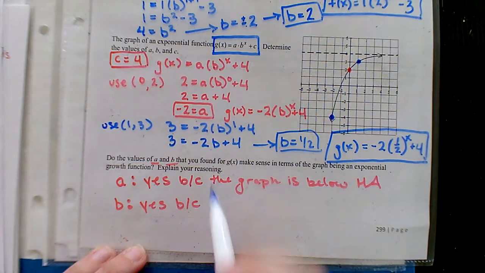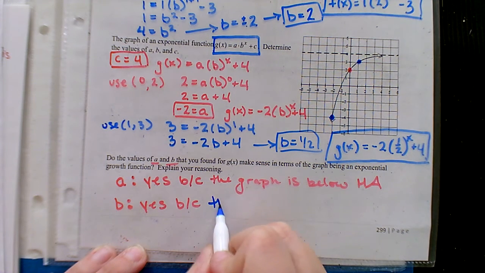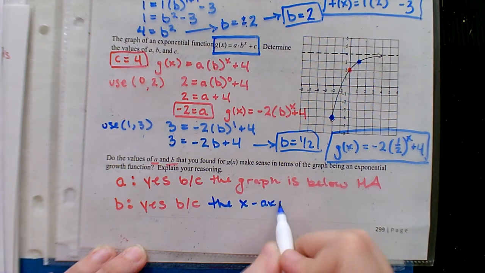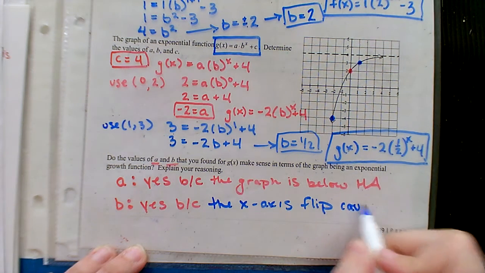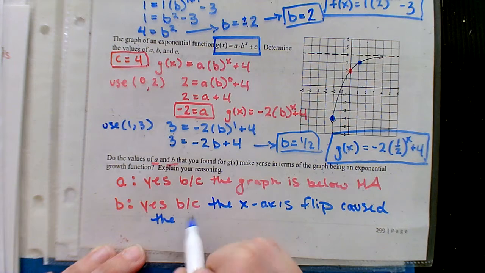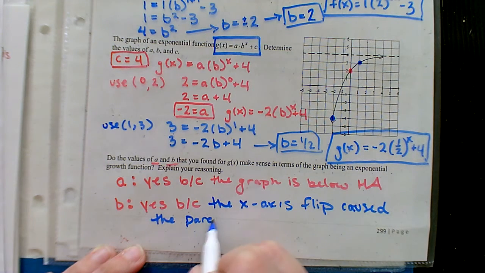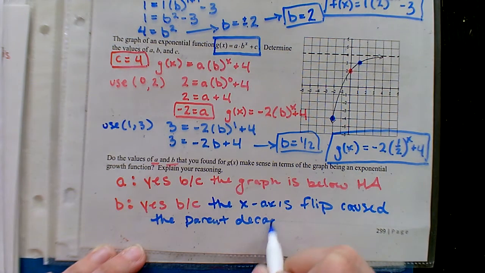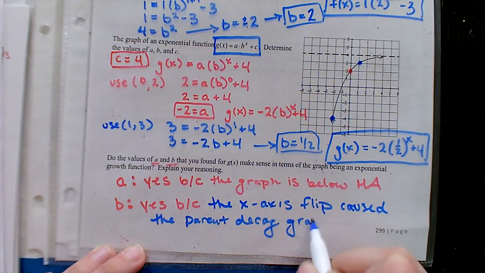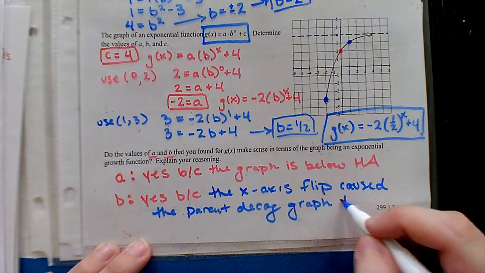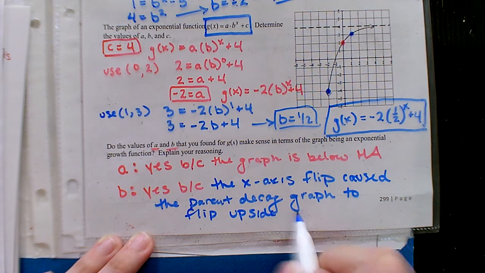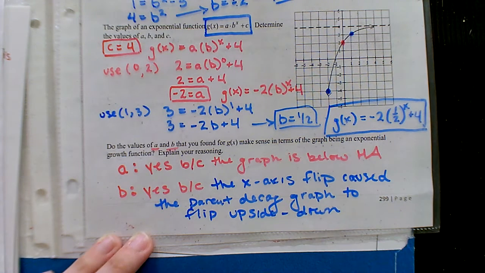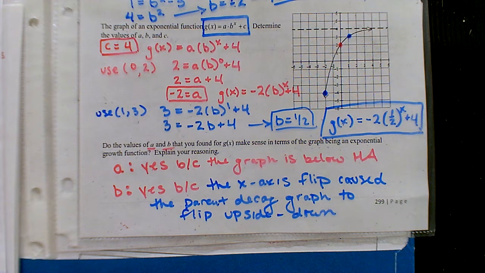So yes, because the x-axis flip caused the parent decay graph to flip upside down. You can write whatever you want there. That's just some explanation to determine that the B value was on the right track.